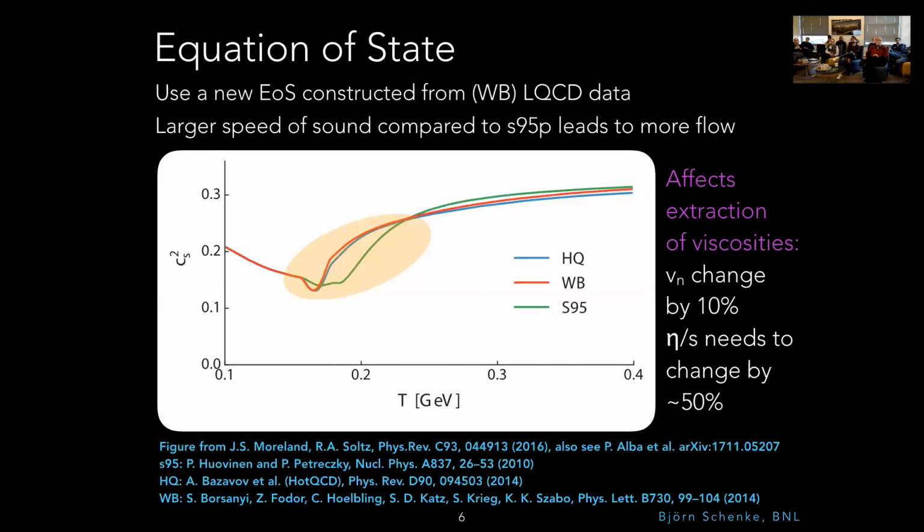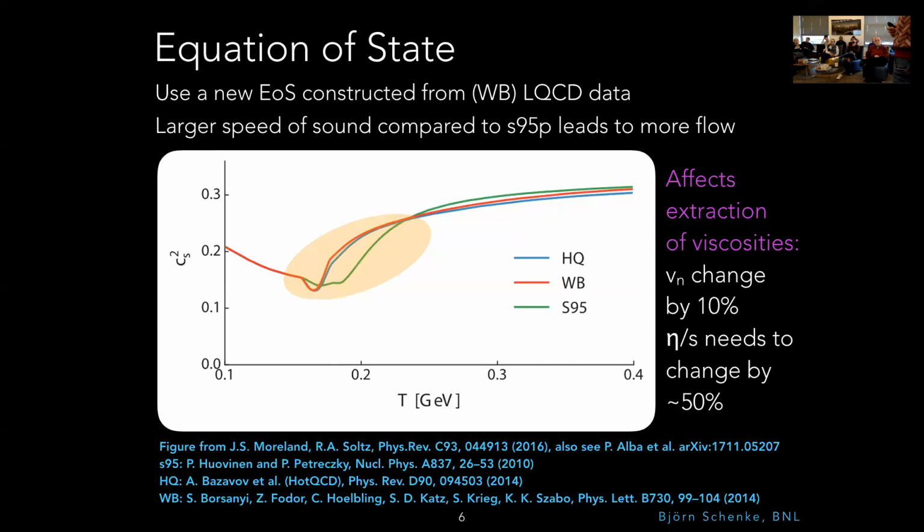And just a few words which are not too relevant for what I'm going to focus on, but the equation of state: we use, as I said, a lattice equation of state. And we're actually using one that's a bit newer now. We used to use in older calculations this s95p, which was by Huovinen and Petreczky, using older hot QCD results, I should say. And the new ones, the new hot QCD, is the blue curve here in the speed of sound versus temperature.